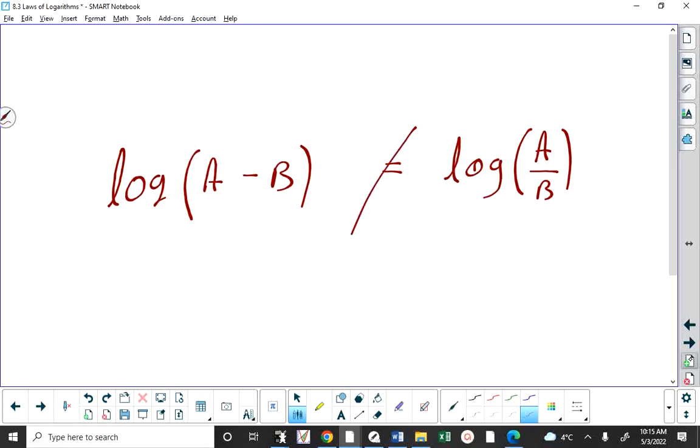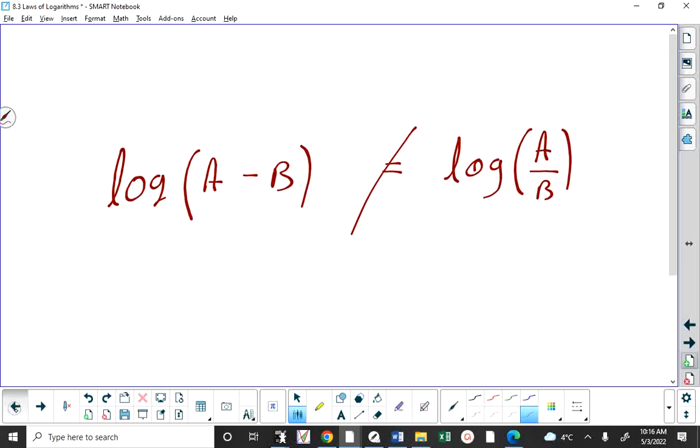No, that's not a rule. Log of a minus b is not the log of a difference. Log of a minus b is the difference of logs. When you have that difference or sum, you have to have separate logs. And when you have the quotient or product, it's a single log. So be very, very careful about that.